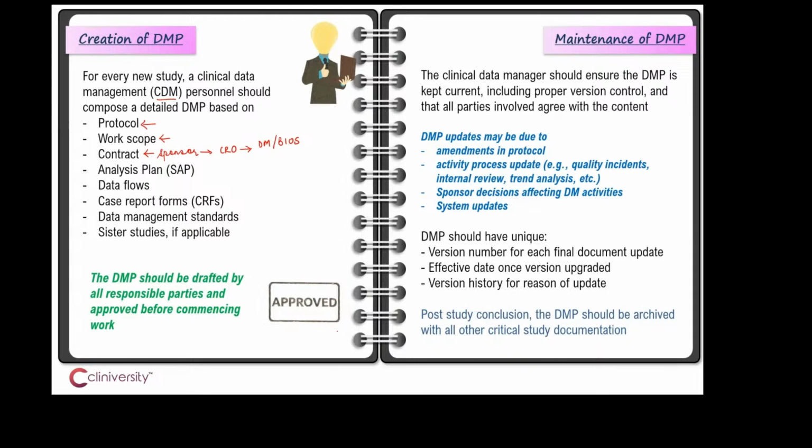The rest of the team will be from the sponsor. In that case, the data manager of the CRO will ensure that only these two teams are involved in the CRO's team, and where data requires other functional teams from the sponsor side, how those actions will be taken has to be referenced in the DMP.